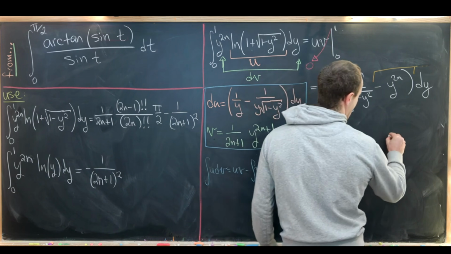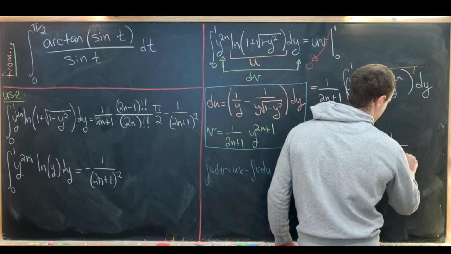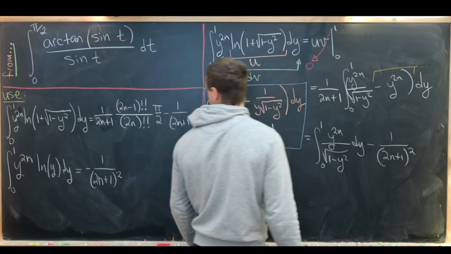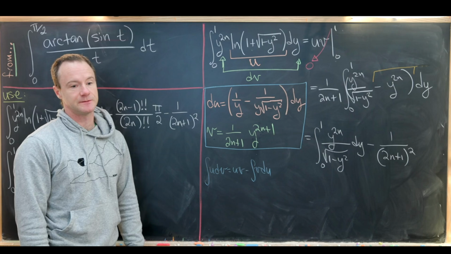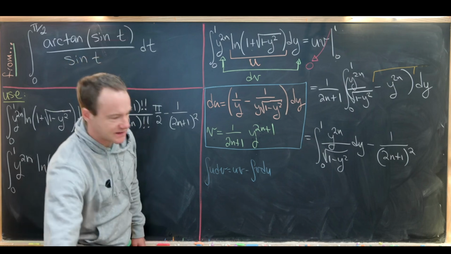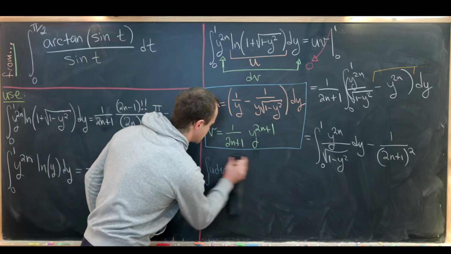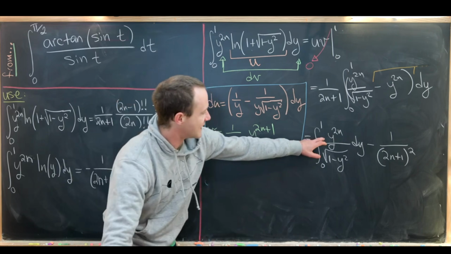Then, like I said, minus 1 over 2n plus 1 quantity squared from integrating that y to the 2n out. Okay, so next up, we'll want to do some sort of substitution so that we can simplify this guy.